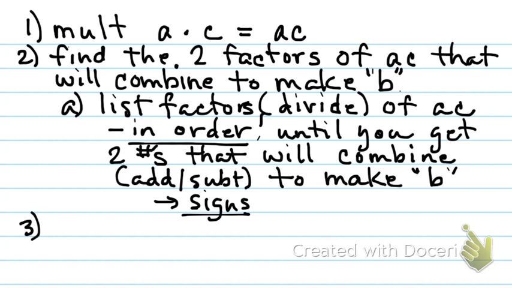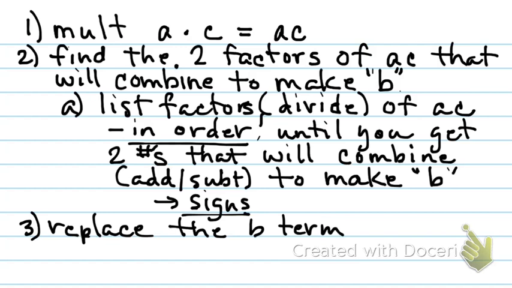Once you find the right combination of numbers, then the next step is to simply replace the B term. Now notice I didn't say just B this time. I said the B what? Term, which means the whole thing. Sign, number, and letter, right? The B term with those two new factors.